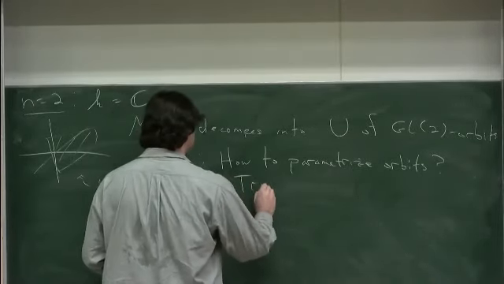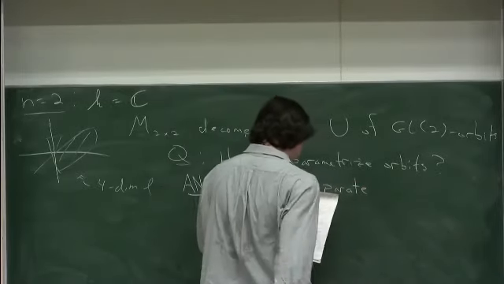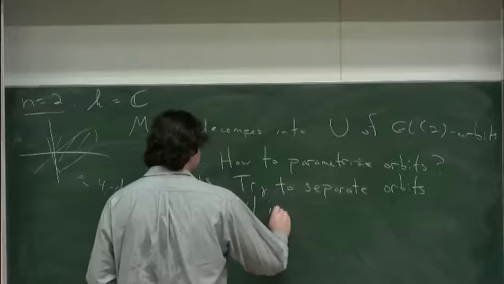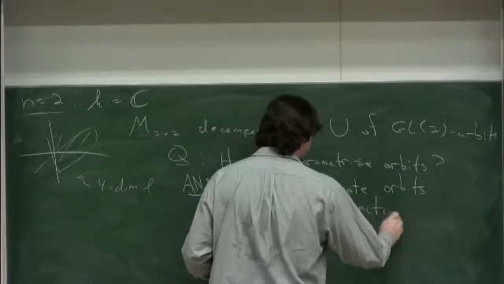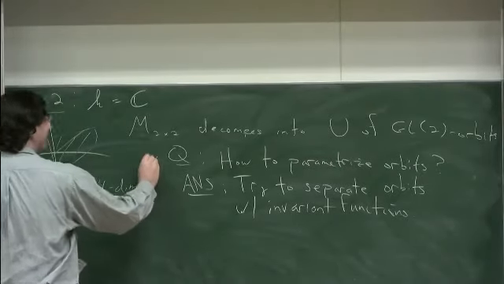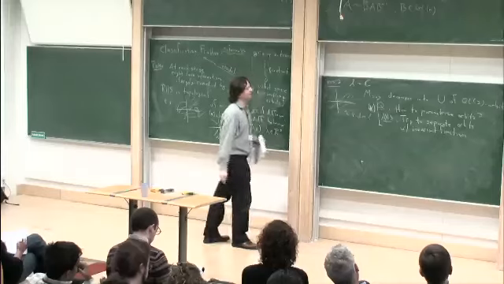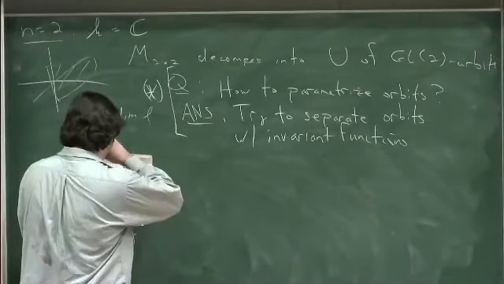So try to separate orbits with invariant functions. Okay, so this is somehow the incredibly easy first thing you might do, which is basically what you do in GIT. So let's step through what happens here.